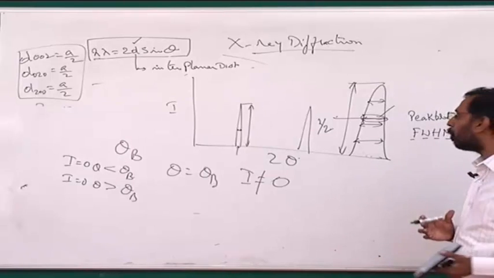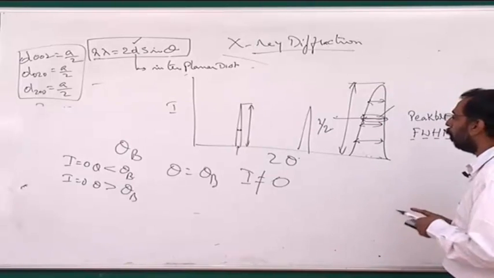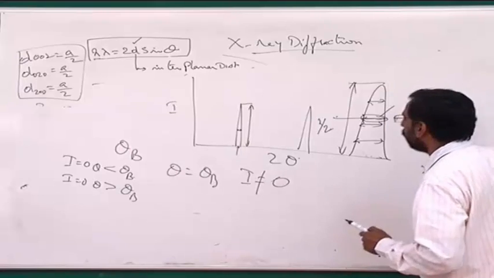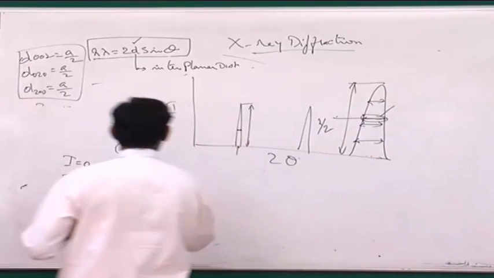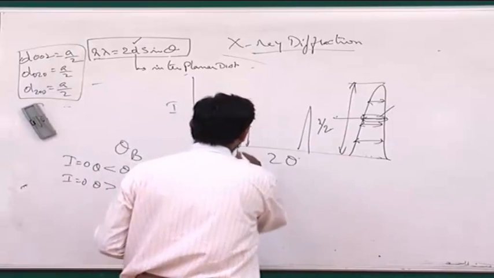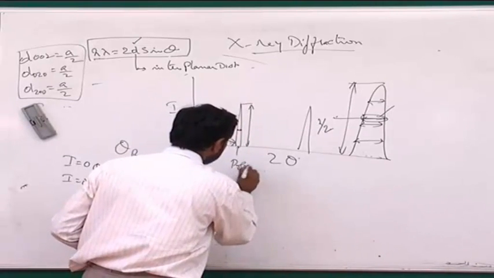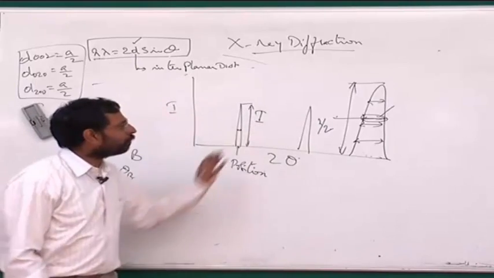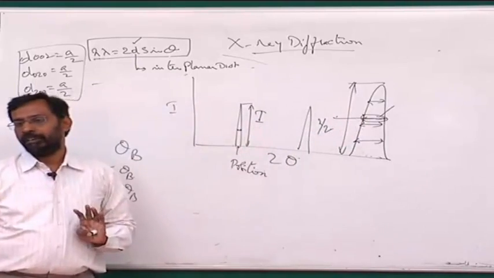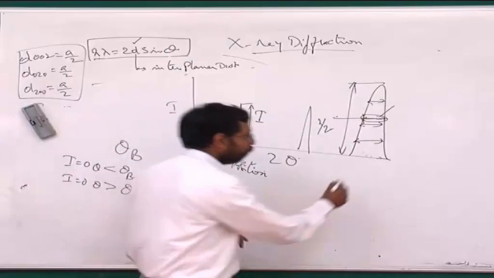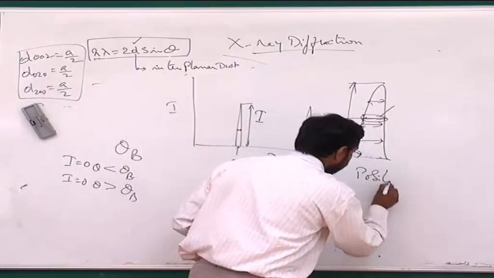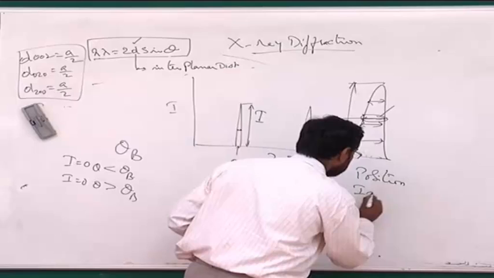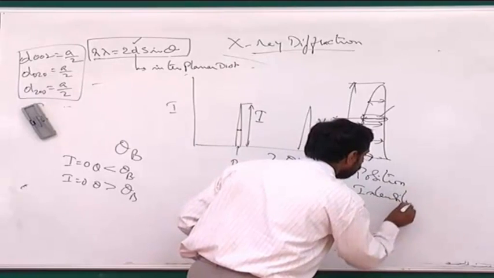The instrument itself gives some broadening, and we will see as we go along. So if I look at the XRD pattern, as I said, it has a position, it has an intensity. Of course, it also has a breadth. These are the three characteristics. So position, intensity, and breadth.